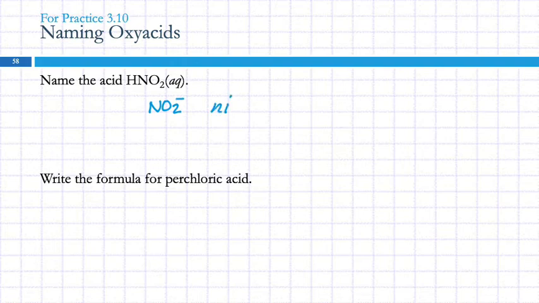So that's the nitrite ion. So what do we change ite to? Us. So this is nitrous acid. Nitric acid has 3 oxygens because it's from nitrate.